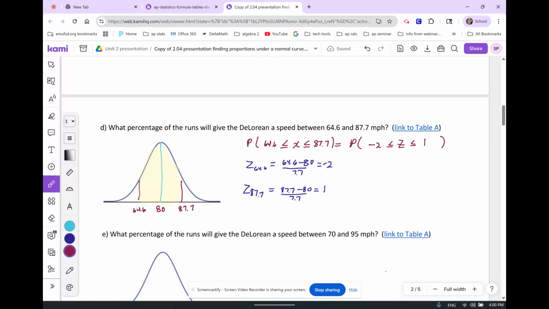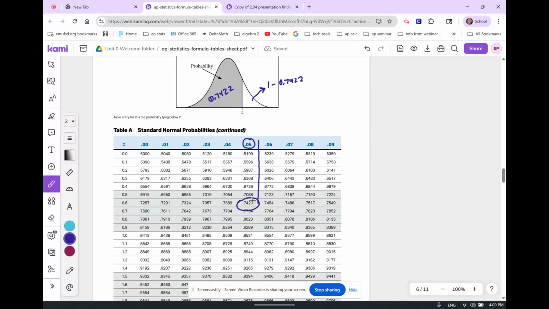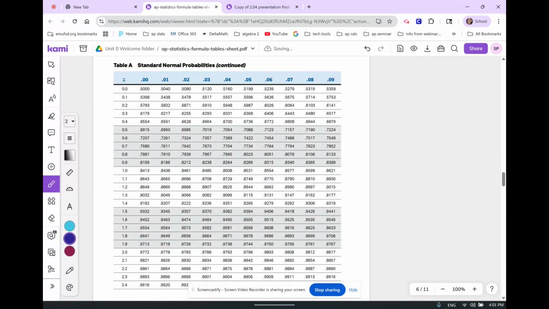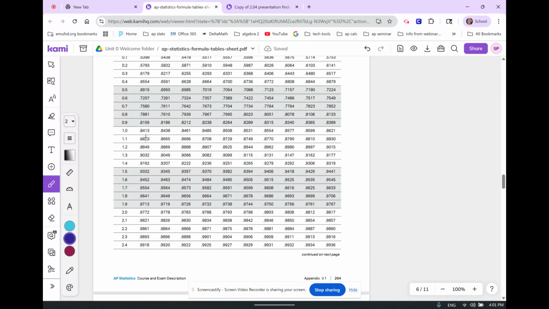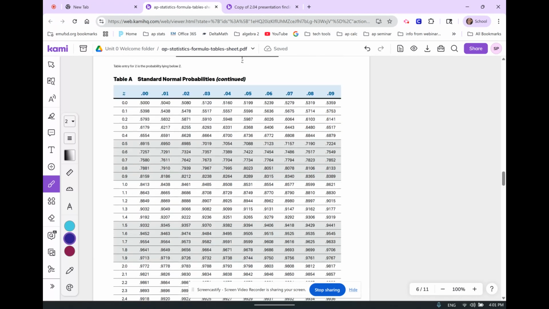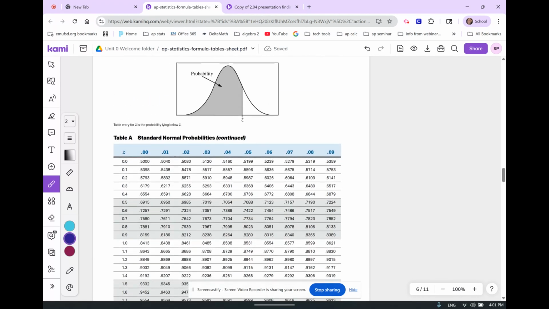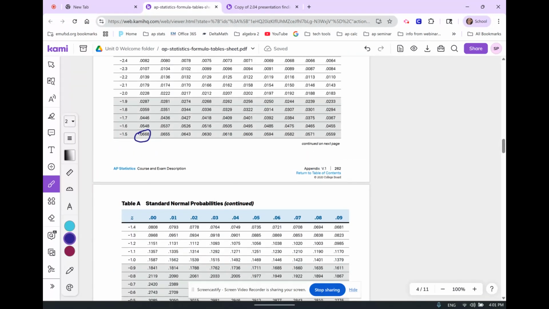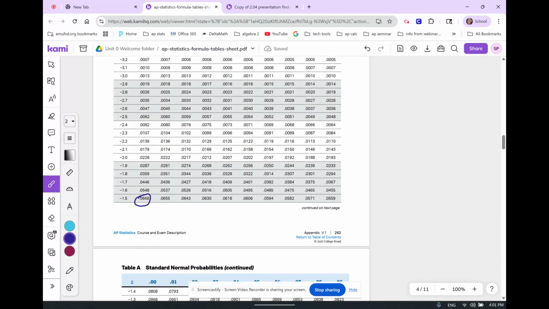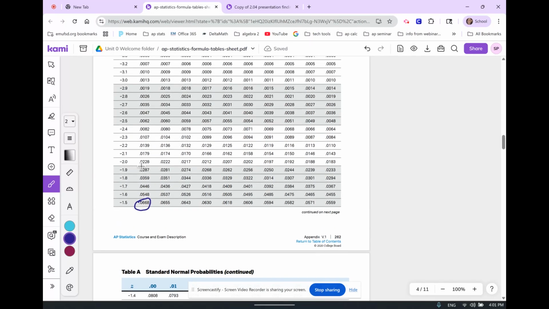Okay, so we go to a table. Let me erase this. Okay, so 1, the value is 0.8413. That's the proportion of the data to the left. And then -2 is 0.0228.